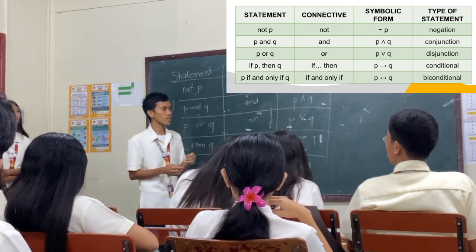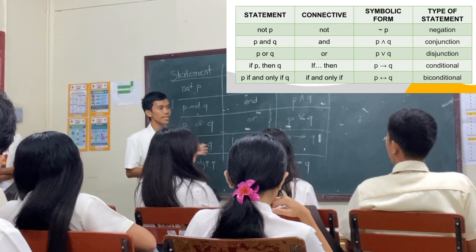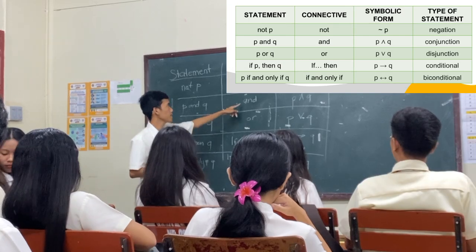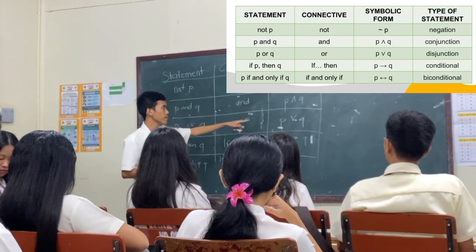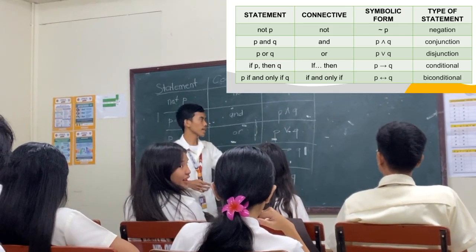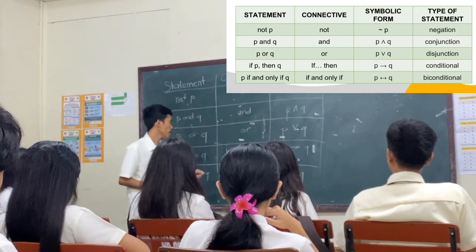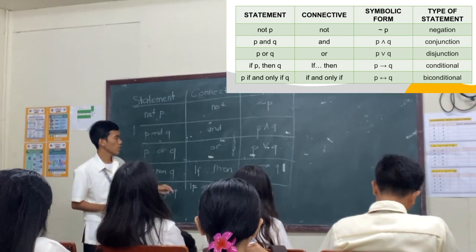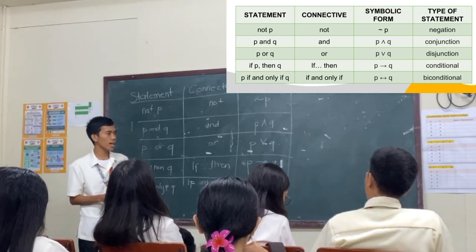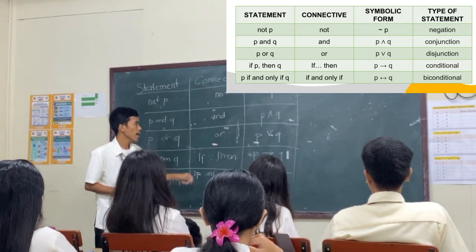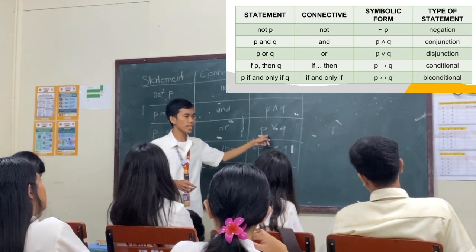When we say conjunction, the simple statements are combined using the connective and, and the symbol used is the reverse V, just like in the lesson we discussed last time. And the next one is disjunction. In disjunction, we use the connector or, and the symbol used is V.